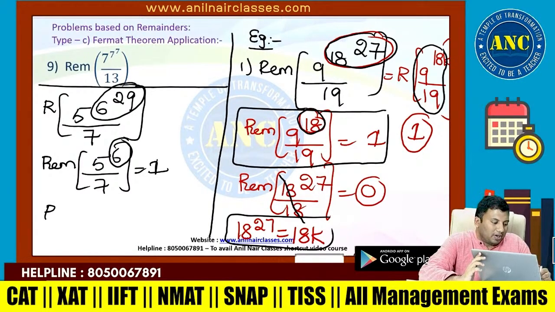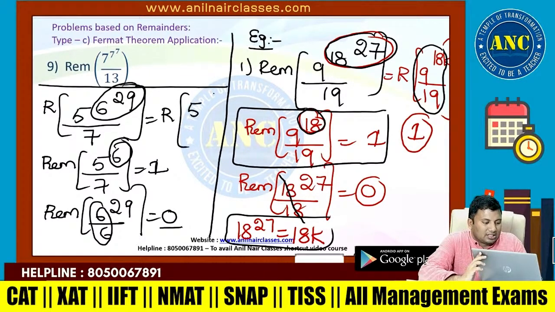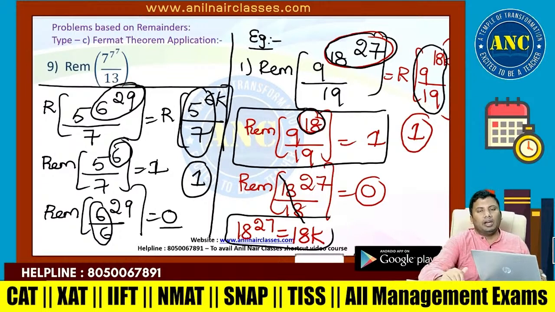So 6 power 29 divided by 6: 6 ones are 6, remainder 0. So 6 power 29 is perfectly divisible by 6. 5 power 6k divided by 7. 5 power 6 divided by 7, remainder is 1. 1 power any number is 1.